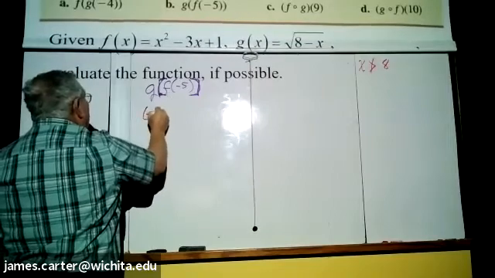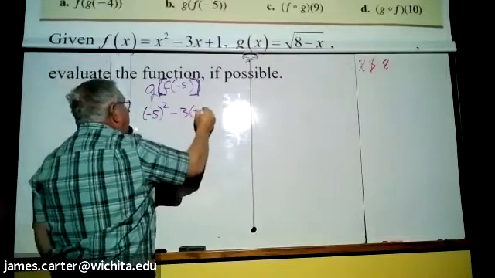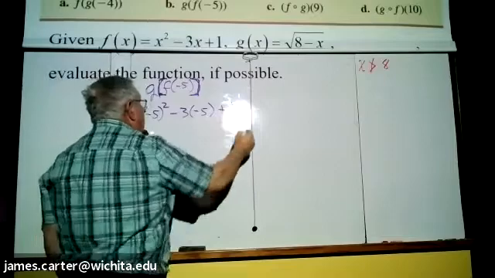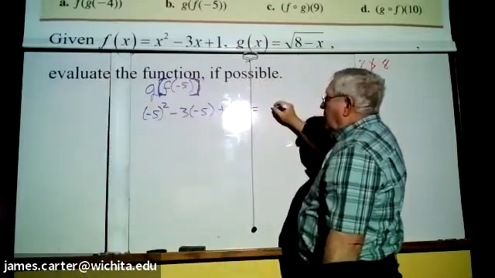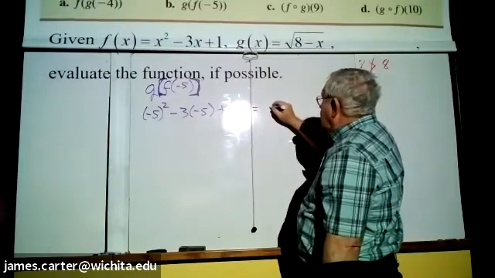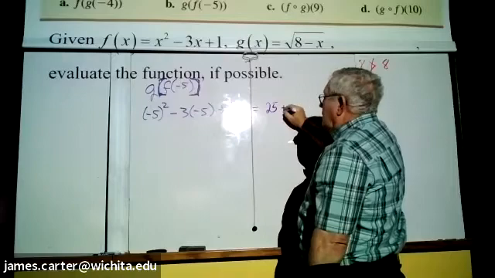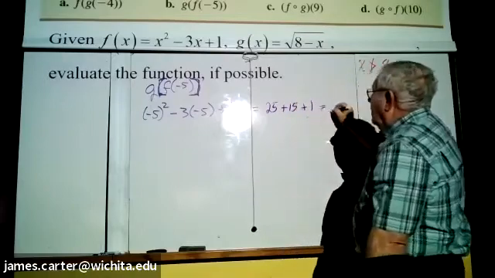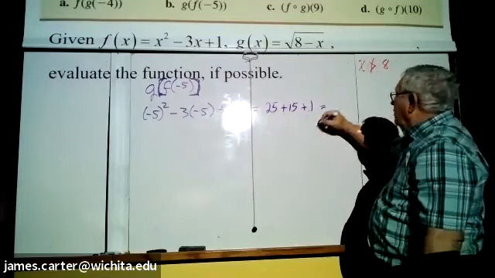So -5 squared minus 3 times -5 plus 1, which is equal to -25, or excuse me, positive 25 plus 15 plus 1, which is 41.